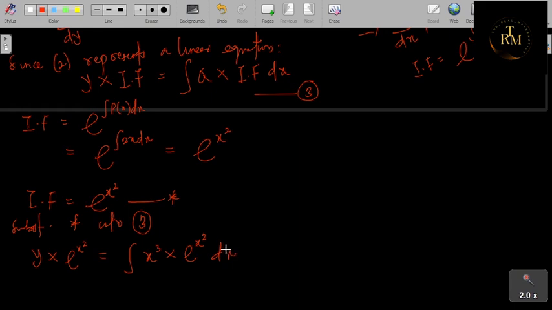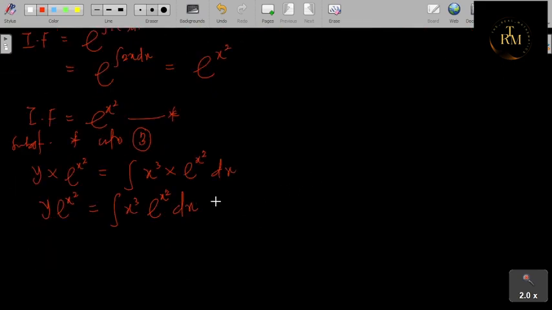So the left-hand side would actually be solved, but let me first write y exponential x squared equals the integral of x cubed exponential x squared, then dx. So I thought I want to simplify this. Let me call this equation 4.